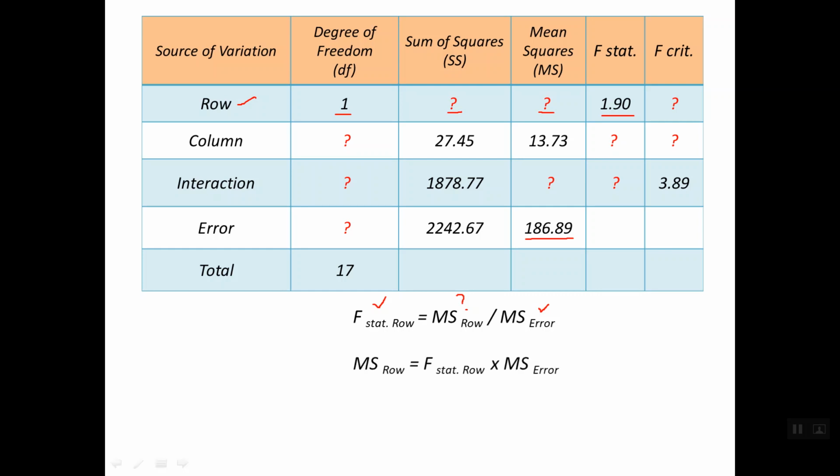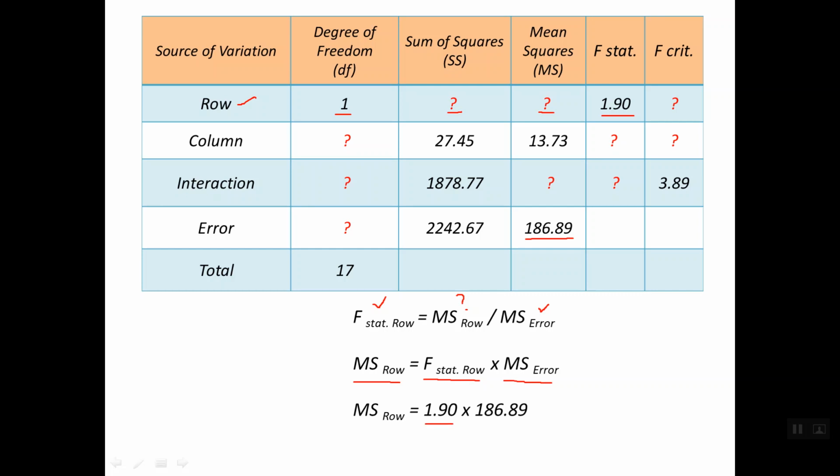If we rearrange this formula to solve for the MS for the row, which is the missing value, we say that the MS for the row is simply equal to the value of F for that factor multiplied by the mean square of the error.